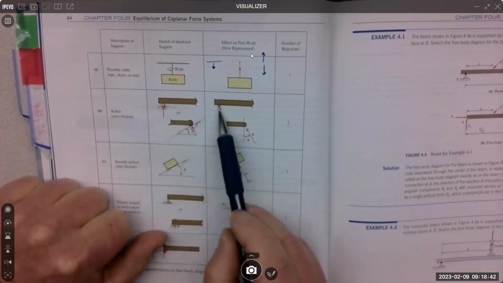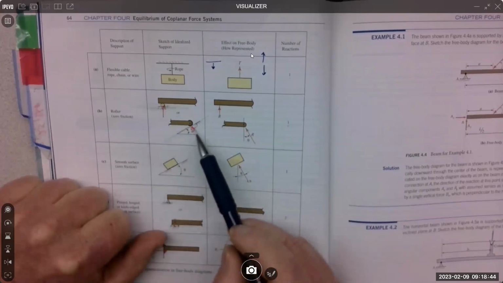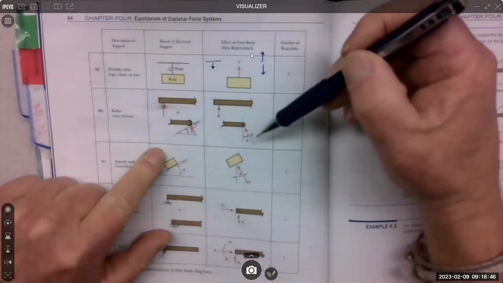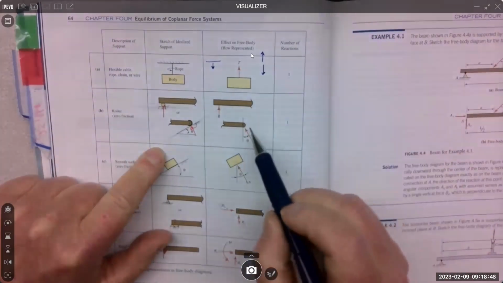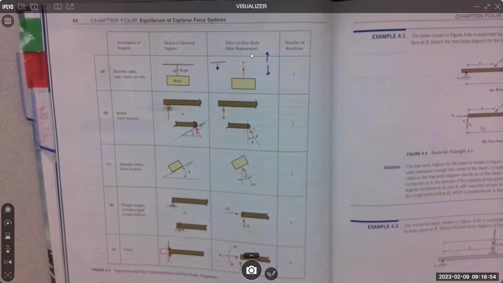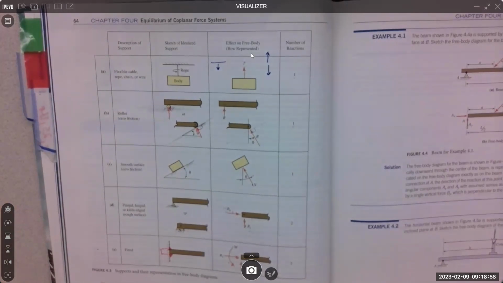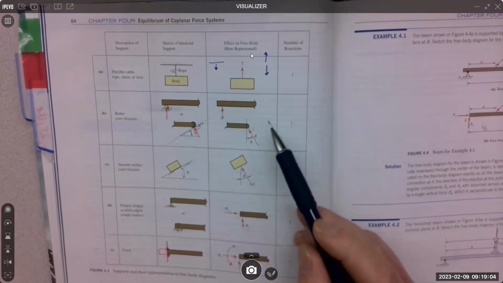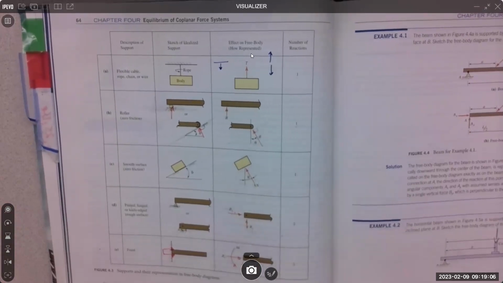Perpendicular to it, so it's vertical if the surface is horizontal, but if it's at a slope, then the reaction goes in perpendicular to that surface that was removed. So that's kind of tricky when you get rollers on slopes. Think about, oh, I'm pulling the ground away and I'm pulling the roller off and I need to put in the force perpendicular to where the ground was. All right.